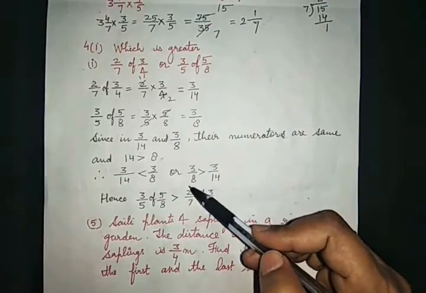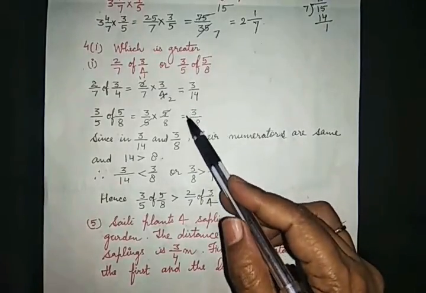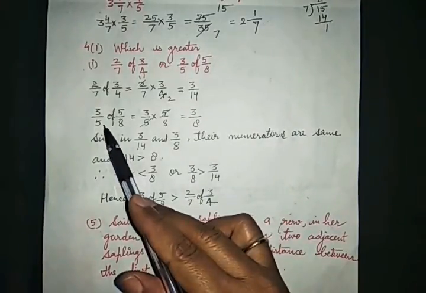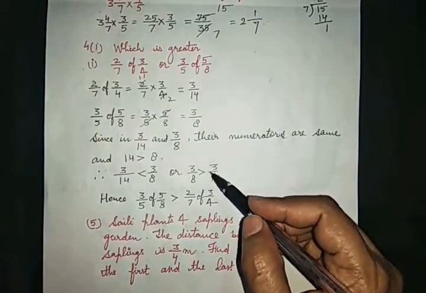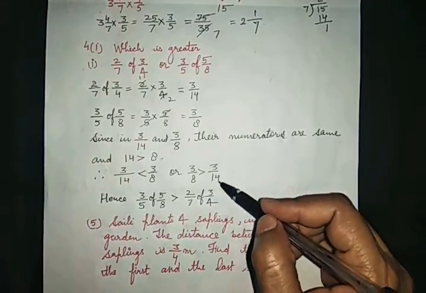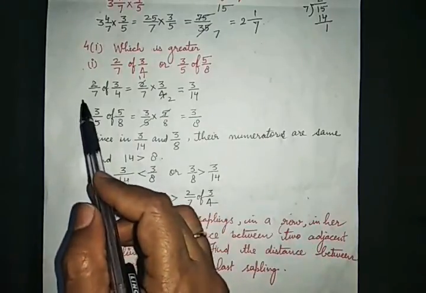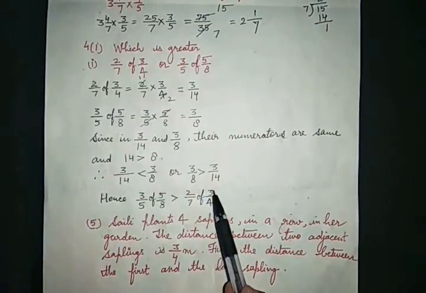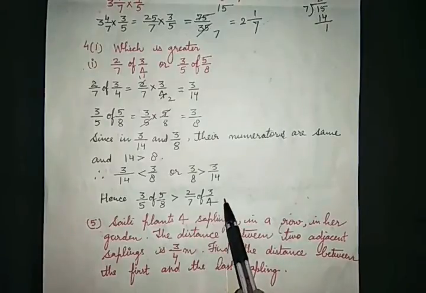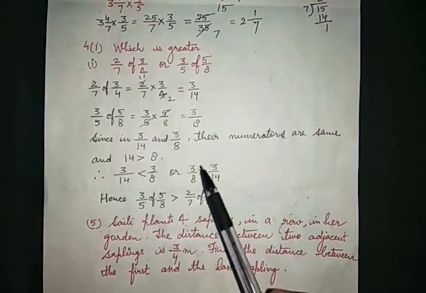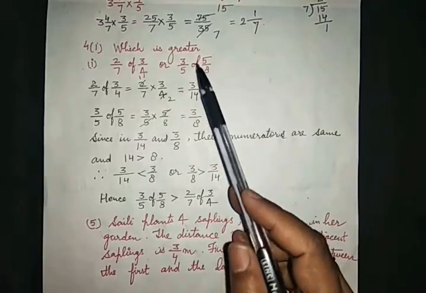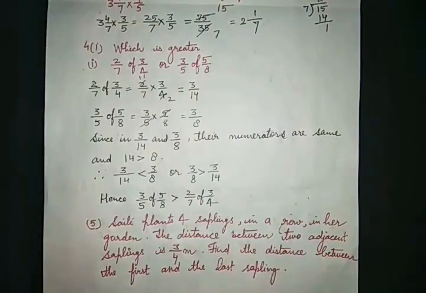So for 3 upon 8, you will write 3 by 5 of 5 upon 8. And for this 3 upon 14, what can you write? You can write 2 upon 7 of 3 upon 4. Hence, you can say this one is greater than this one.